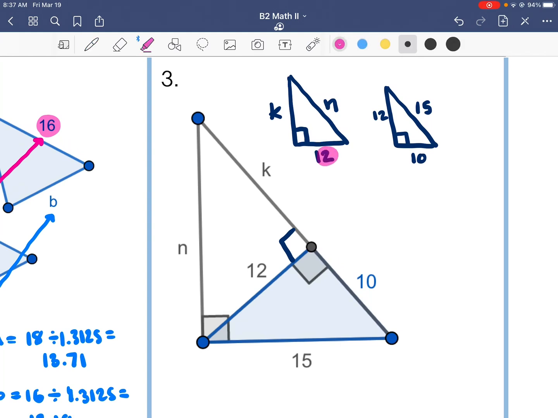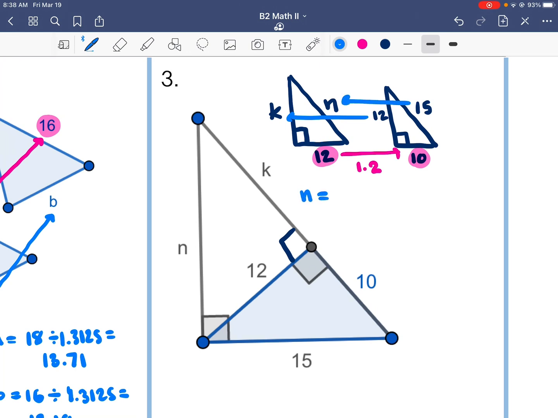So we have those two different triangles, and we use the same process here to figure out what the number is that we're dividing by. So 12 divided by 10 is 1.2. So that is our scalar amount, and we're dividing by that, actually multiplying, right? Because these ones were going from the smaller to the bigger.